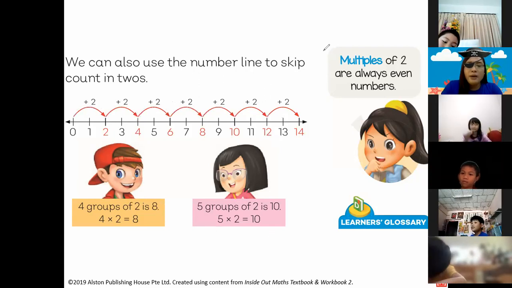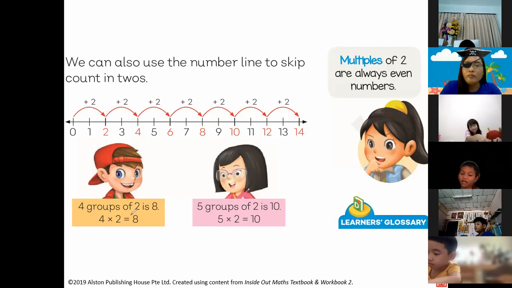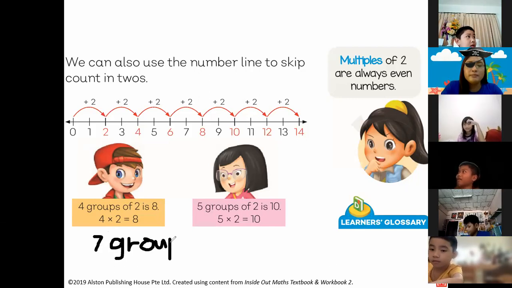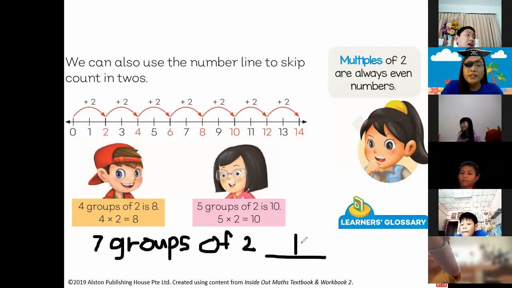All right. What about 7 groups of 2? What is 7 groups of 2, class? 14.